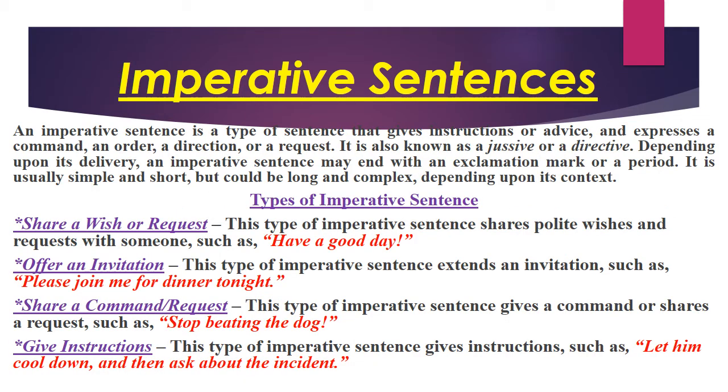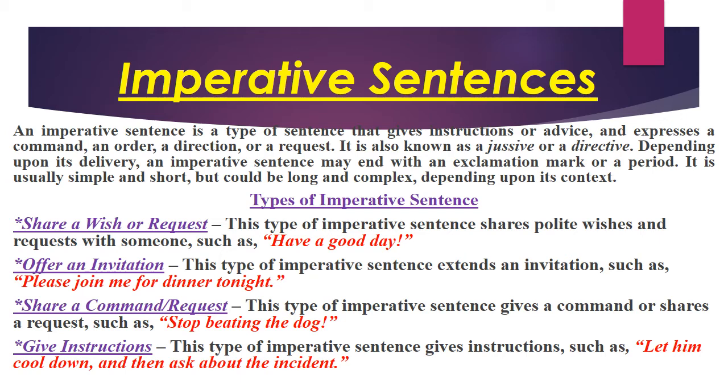Next we have imperative sentences. An imperative sentence is a type of sentence that gives instructions or advice and expresses a command, an order, a direction, or a request. It is also known as a jussive or directive. Depending upon its delivery, an imperative sentence may end with an exclamation mark or a full stop.